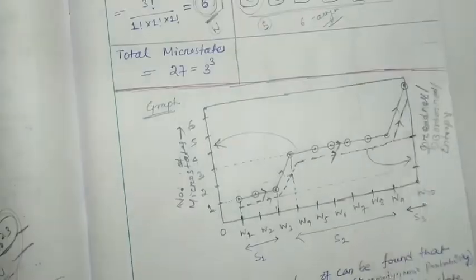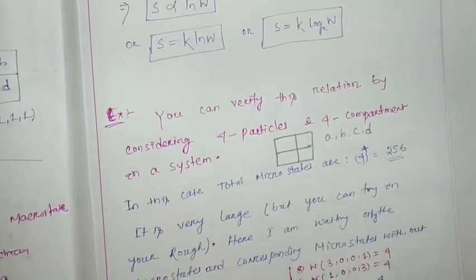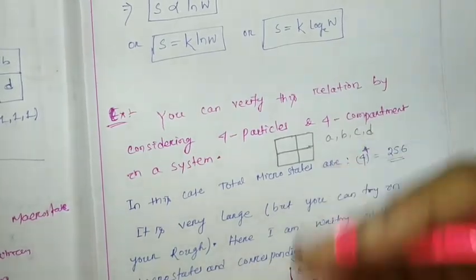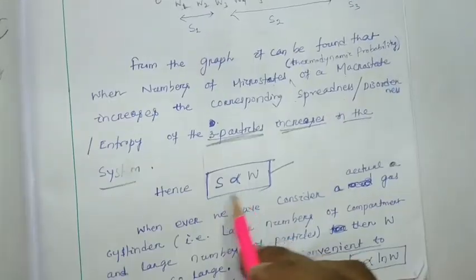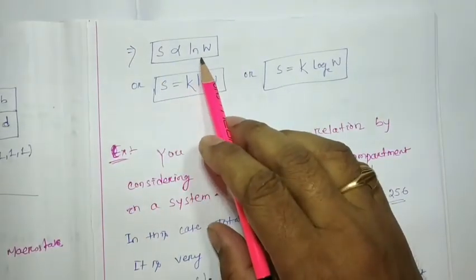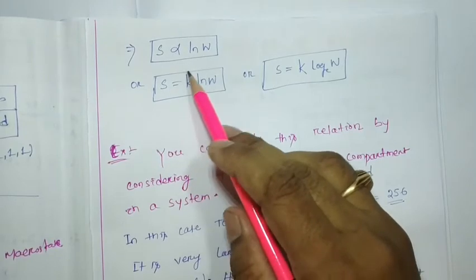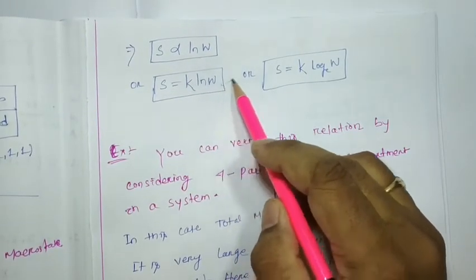Here is another example I have done for the clarification of this statement, that S is proportional to omega. We found that S is proportional to ln omega, or S equals K ln W, where K is the Boltzmann constant. How is it so?